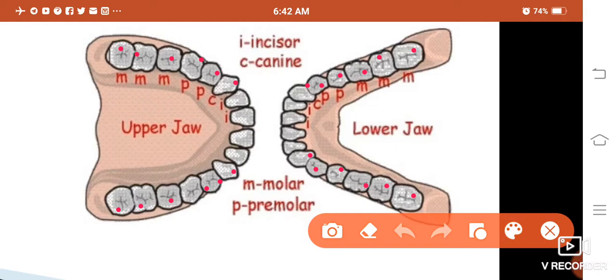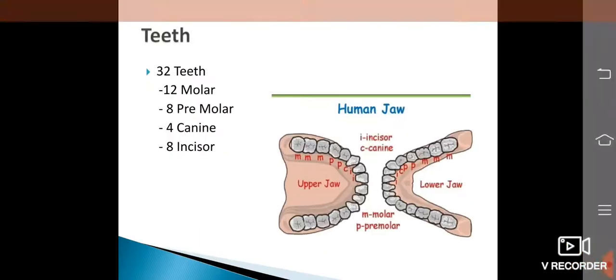And incisor 1, 2, 3, 4, 5, 6, 7, 8. So you can count them. Molar and premolar are used for chewing. Canine are used for piercing and tearing, and incisor is for cutting of food, biting or cutting. I think it is clear now.